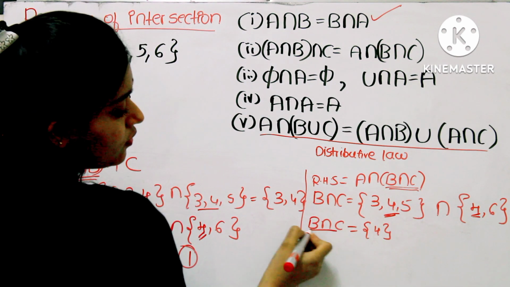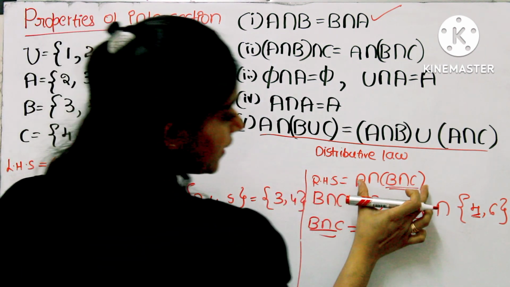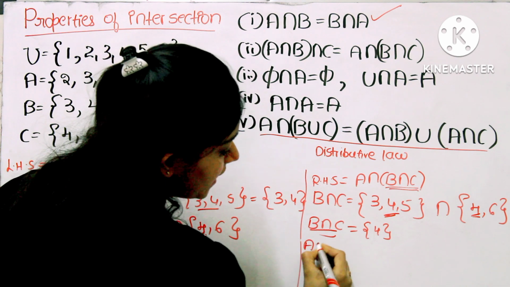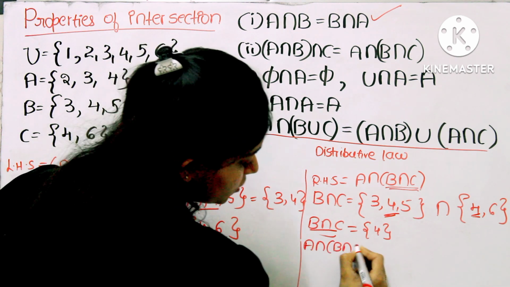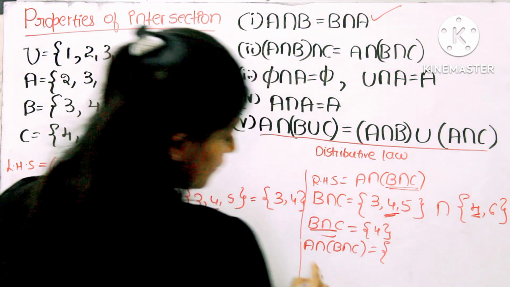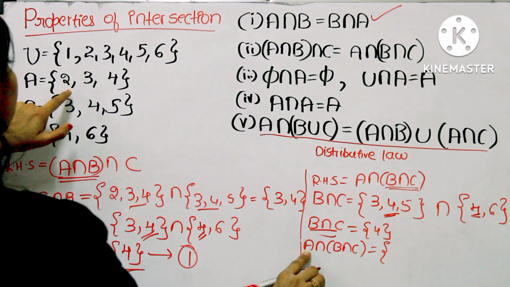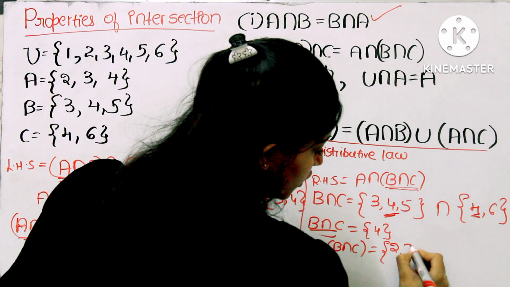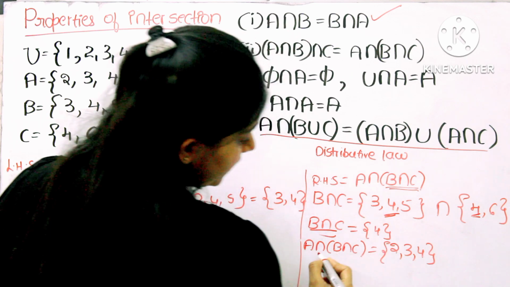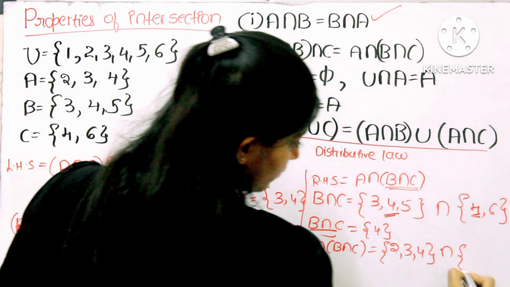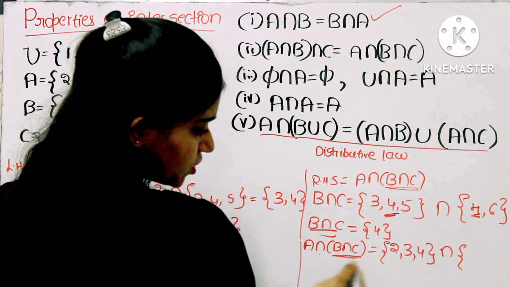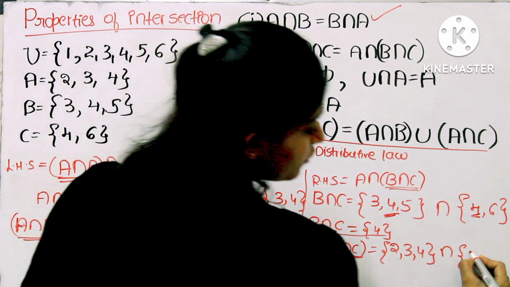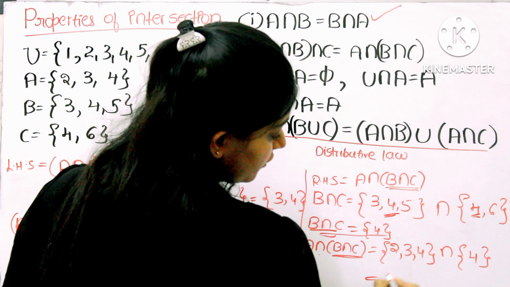Now we have to do A intersection B intersection C. Now we found only B intersection C. Now we have to find the RHS. So A intersection B intersection C is equal to... first write what is A? A is 2, 3, 4, intersection B intersection C, which we got as 4. So now what we get?